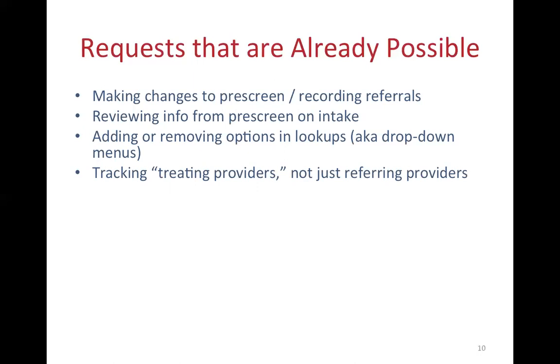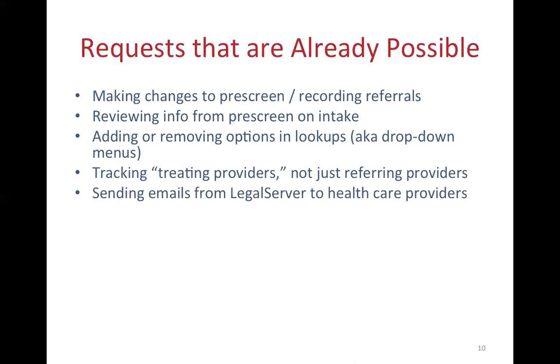So you could set that up. You could make treating providers a litigation contact type, and then use the add case contacts block on your MLP forms or elsewhere. So you could already set this up to track treating providers if that's something that you wanted to do.